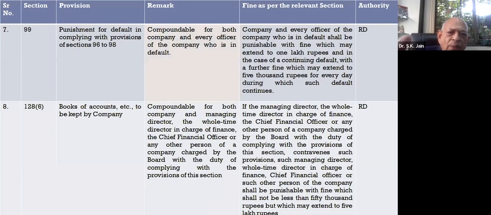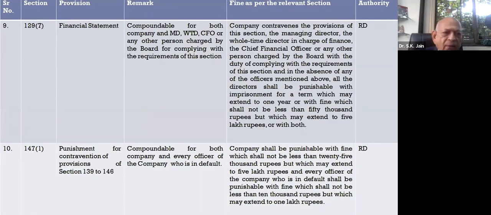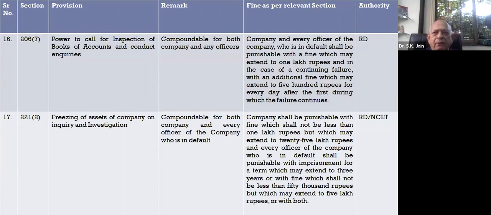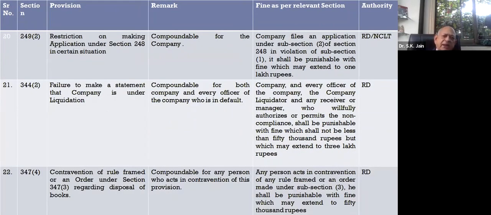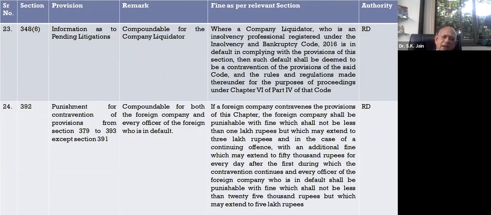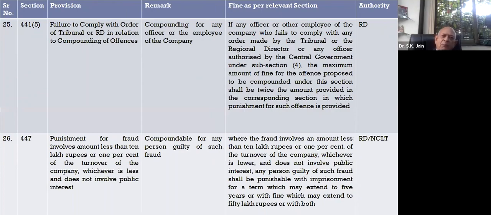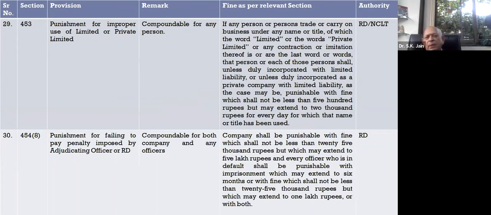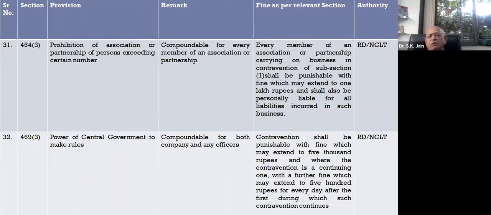To save time, I am not going through each and every section, but you can go through the PPT, and these compounding provisions will become much clearer when you go through all these provisions and find out the nature of violation, the minimum fine which can be imposed, which may extend to which amount, and you can also ascertain which fine can be imposed by RD or NCLT based on various orders which I have quoted.